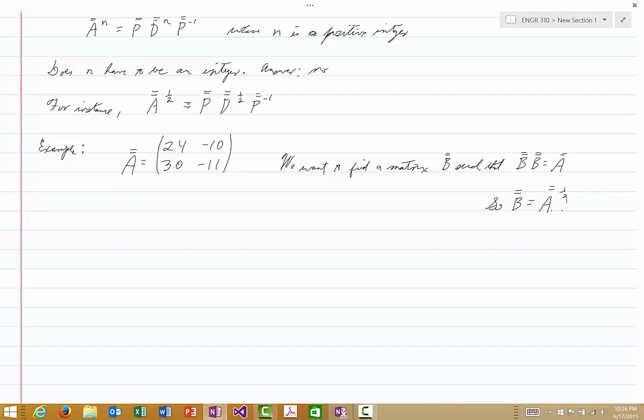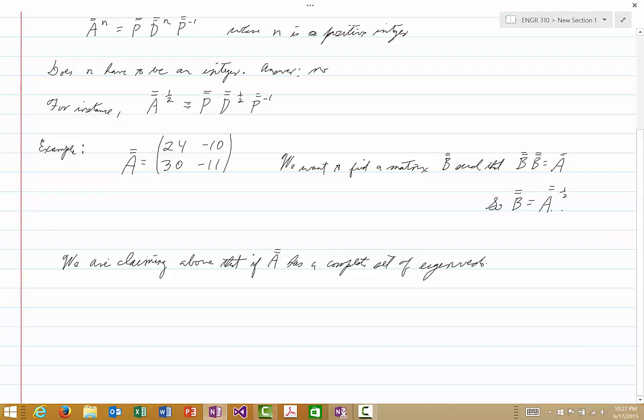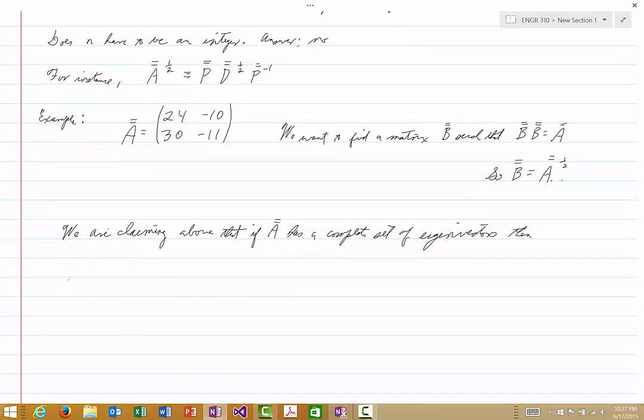Now, if we are claiming above that if A has a complete set of eigenvectors, then B is equal to P D to the 1/2 P inverse.